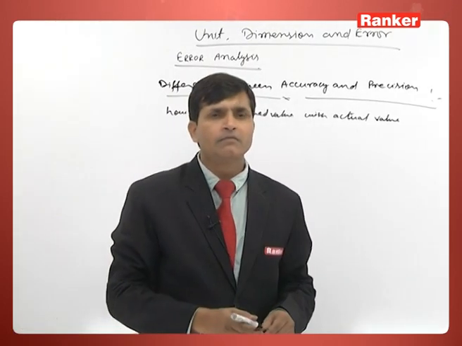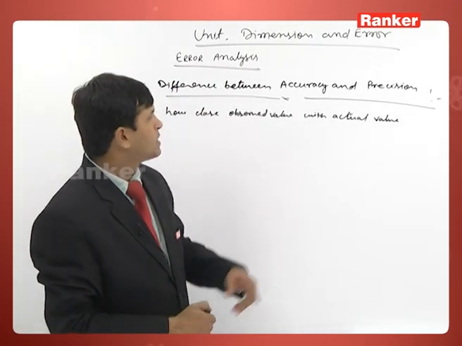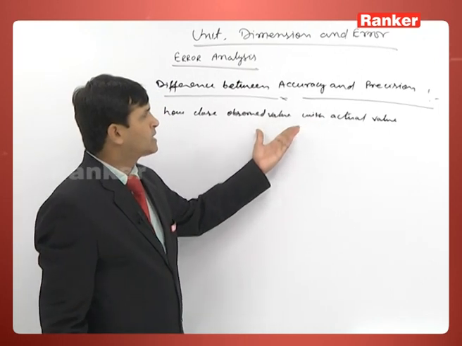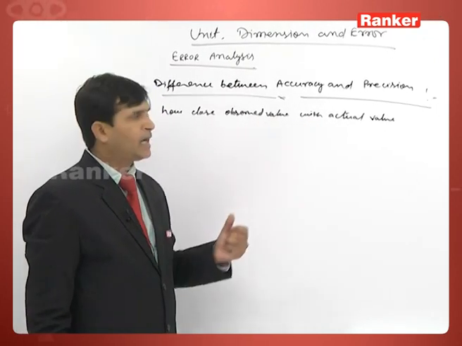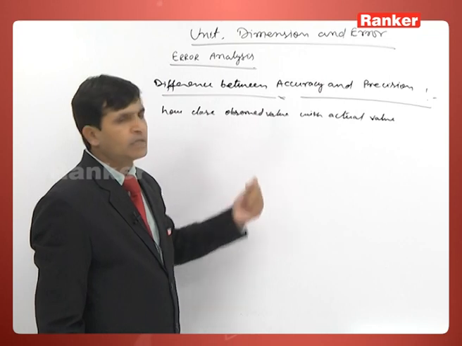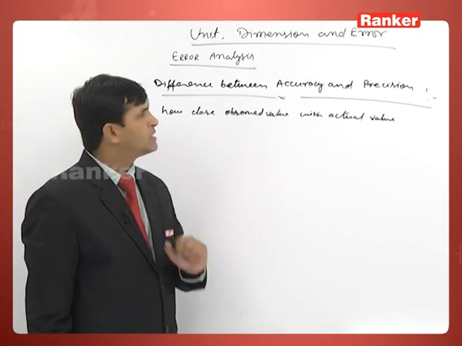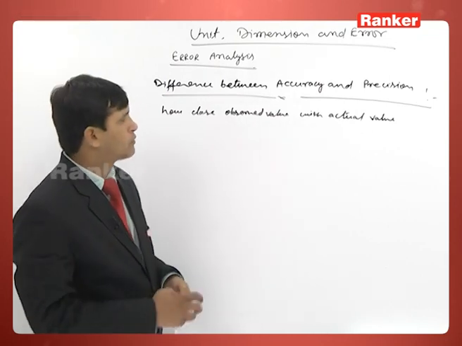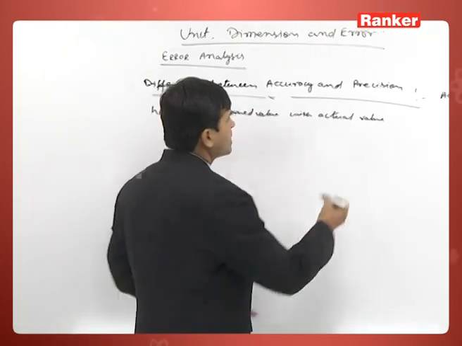If our observed value is very, very close to the actual value, then we can say that the value is more accurate, and if it is very far away or there is more difference, then we can say it is less accurate. And precision.